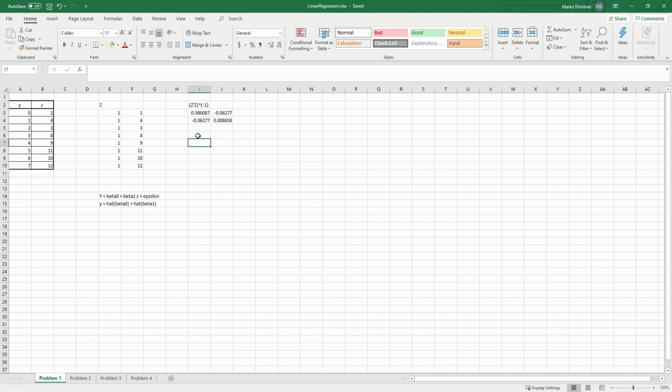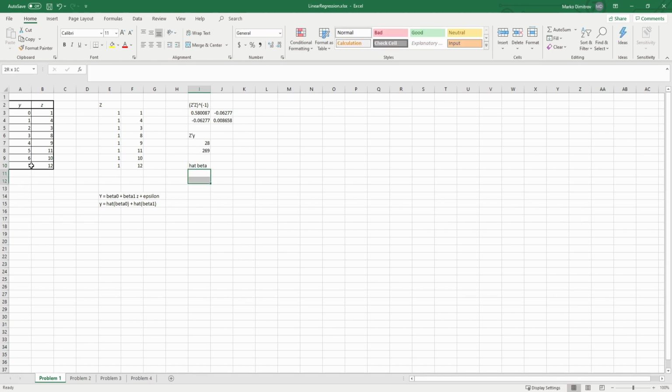What else we need is our Z transposed times y. So Z transposed, matrix multiplication with y. And what is our y? It is this vector here, our response data. And in the end, what we need is our beta hat.